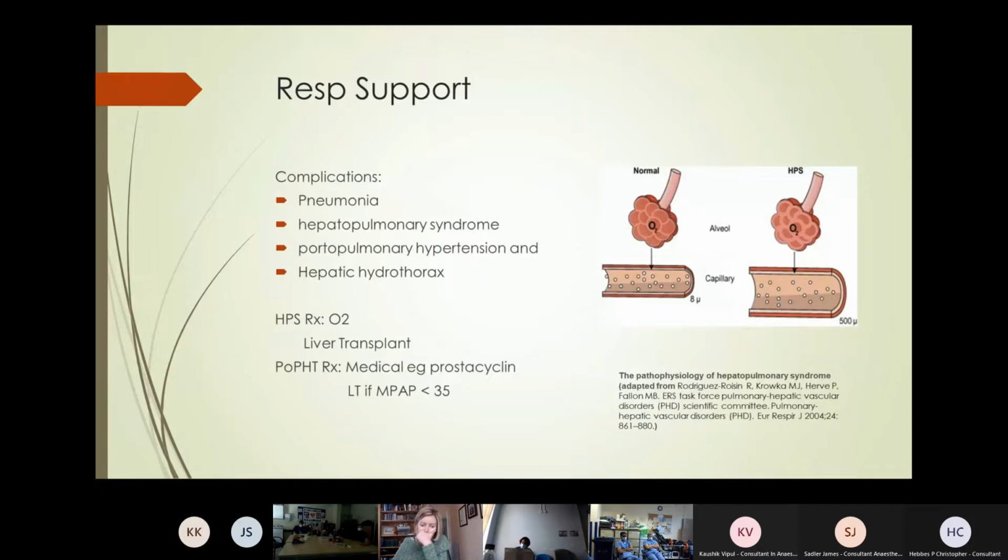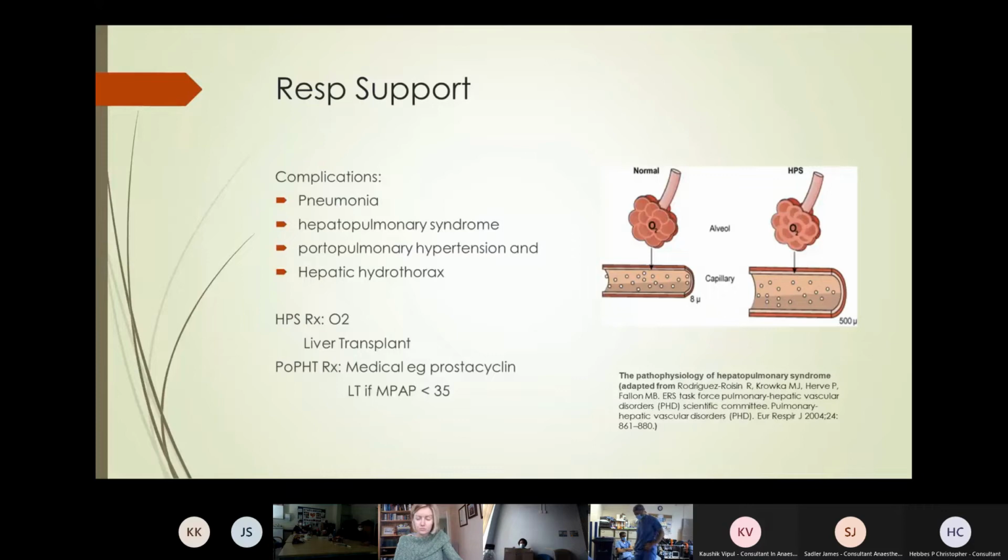If you look at this diagram here, you'll see the effect of the nitric oxide: the PaO2 still remains the same, but the capillary is quite dilated, and the volume of blood passing through that capillary is quite huge. Not all that blood will end up getting oxygenated, and that's how hypoxemia results.